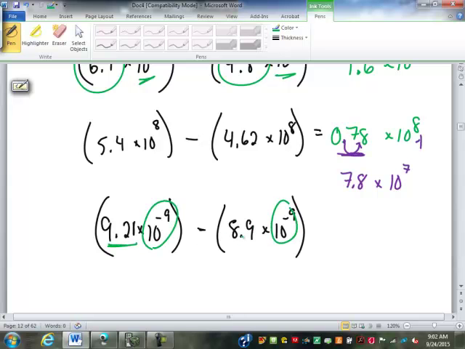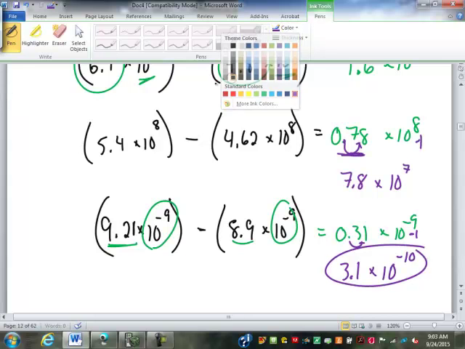So 9.21 minus 8.9 is 0.31 times 10 to the negative 9th. What's that going to become? 3.1 times 10 to the negative 10th. This number got bigger, so the power of 10 has to get smaller. Negative 9 minus 1 is negative 10.